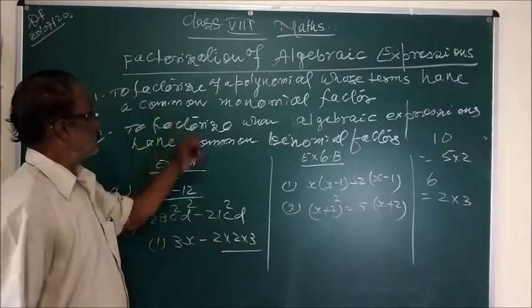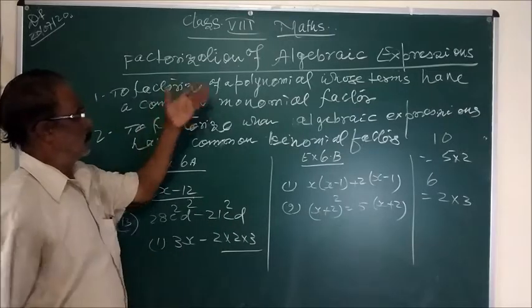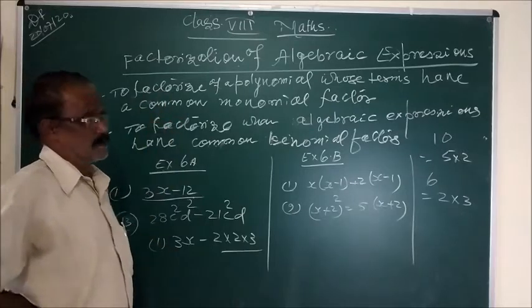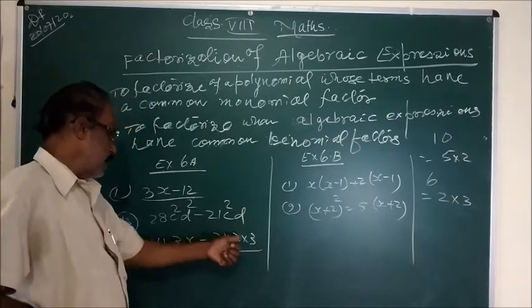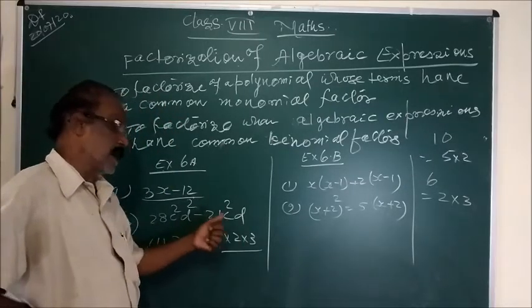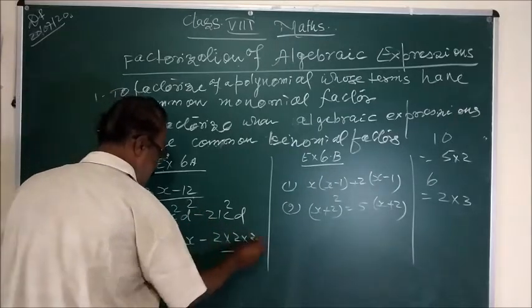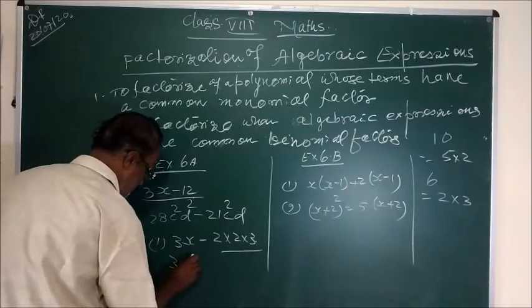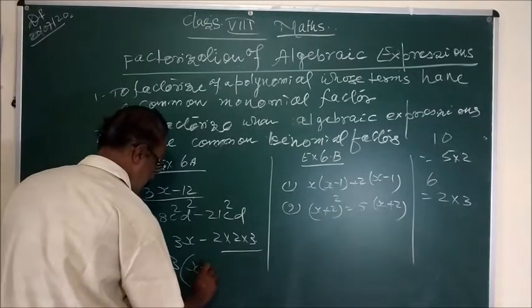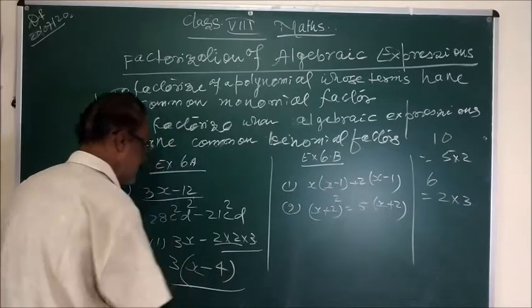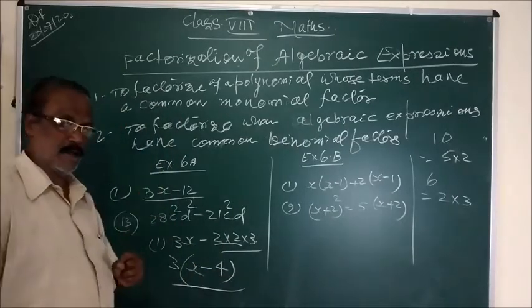Now first you have to learn factorization of a polynomial whose terms have a common monomial. Now can you tell me what is the common in these two expressions? So 3 is common. So you write 3 and here will be x and here will be 2 into 2. You will multiply. So these are the factors of 3x minus 12.